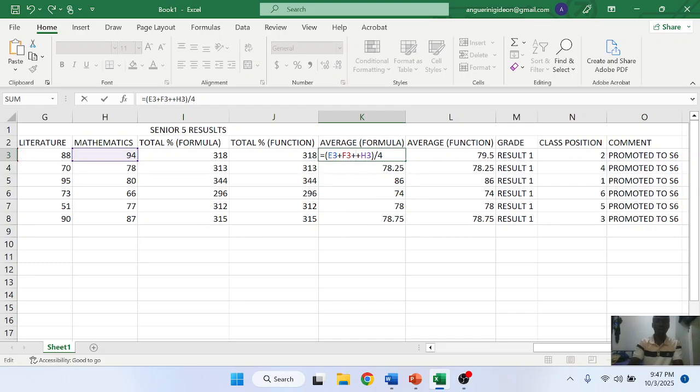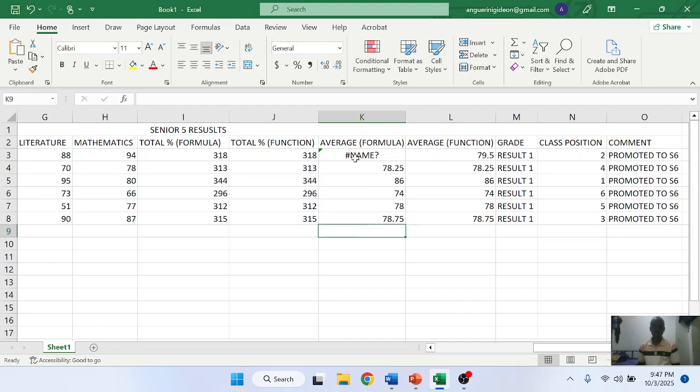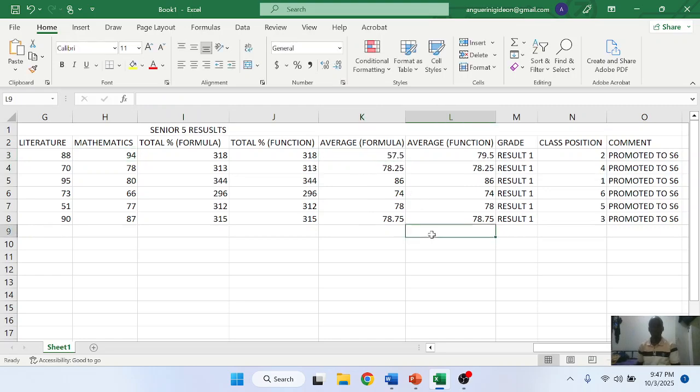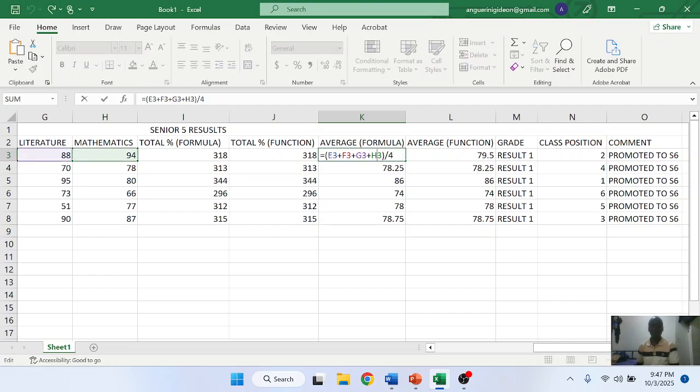So what will it bring? I think I'm adding another thing here. So assuming we're saying it is Q1.